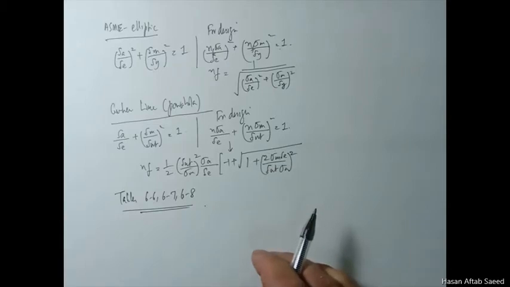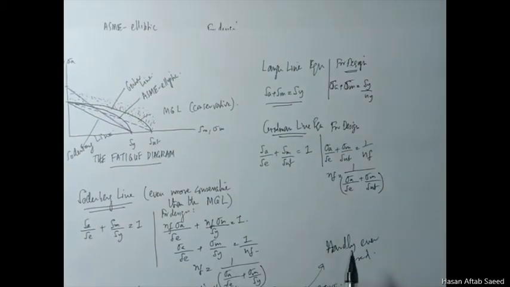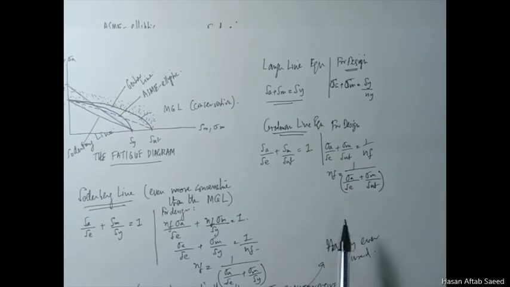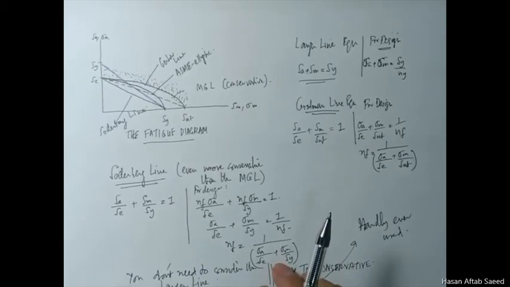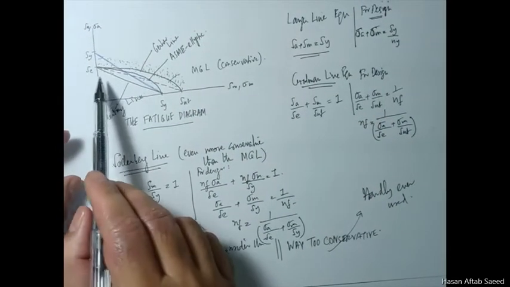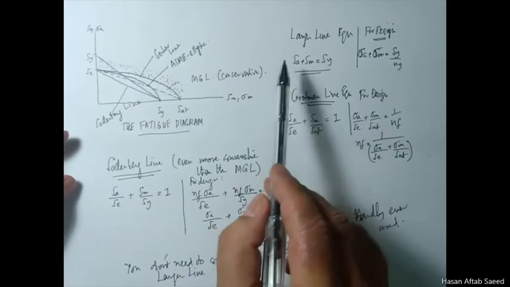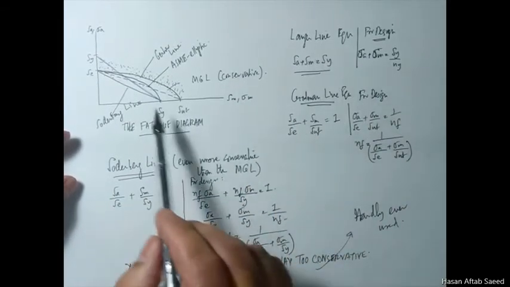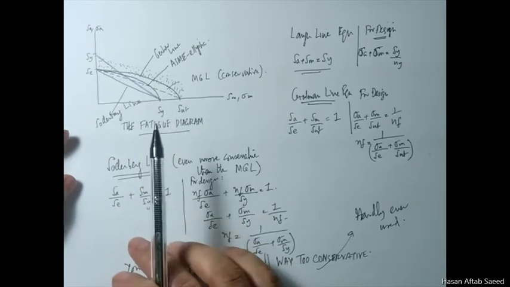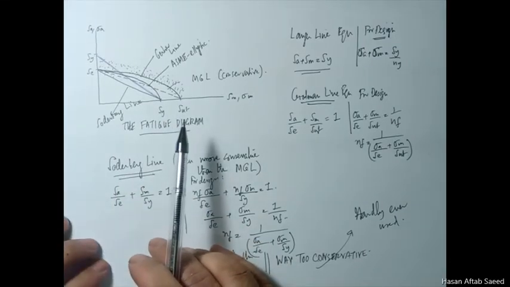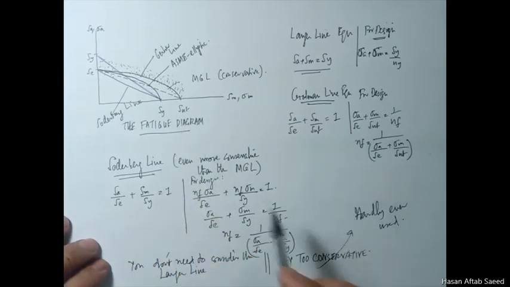The important thing to note is that for all these three criteria, you have to also check the yielding. The fourth one, apart from these three, was the Soderberg line, that doesn't require checking for yielding, so it can be used alone, but because it is way too conservative, we don't use that.